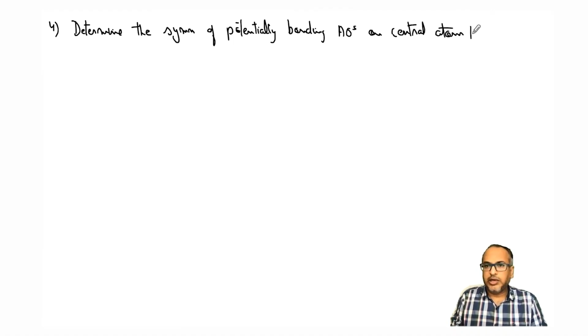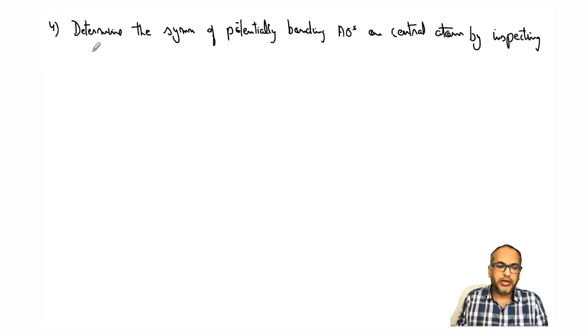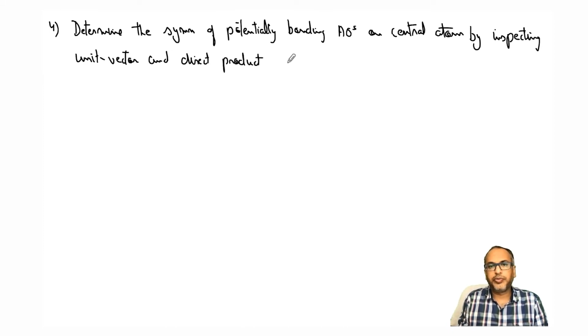This is done by inspecting unit vector and direct product transformations.